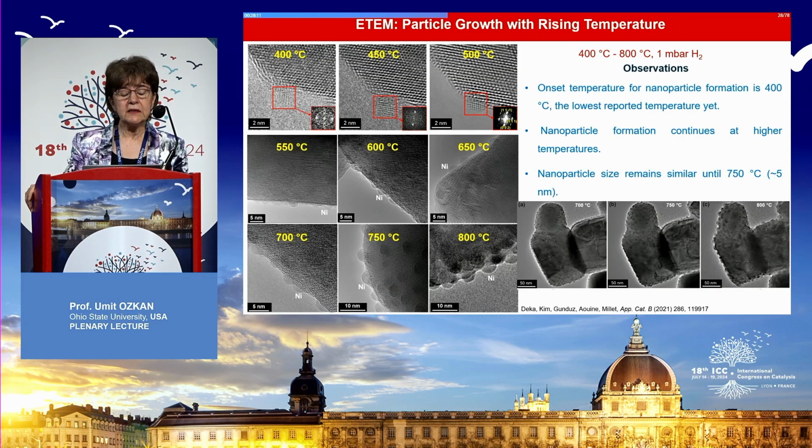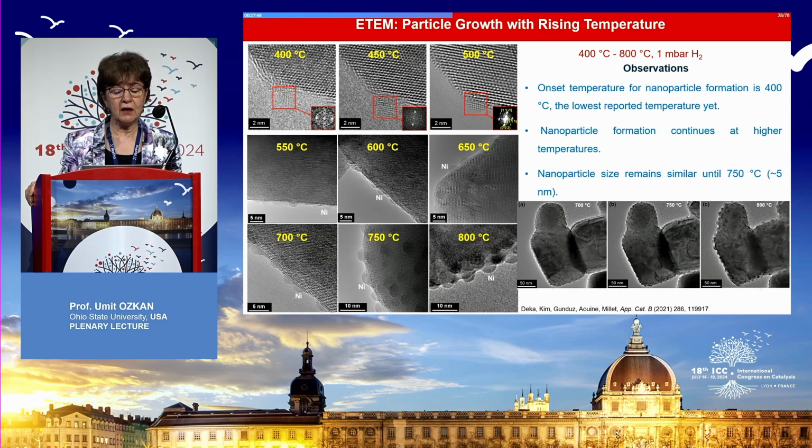So actually, these environmental TEM images were taken right here in Lyon at the IRC Environmental. And we are looking at these surfaces. This is a sample which has nickel in the B site. And we are using 1 millibar of hydrogen.